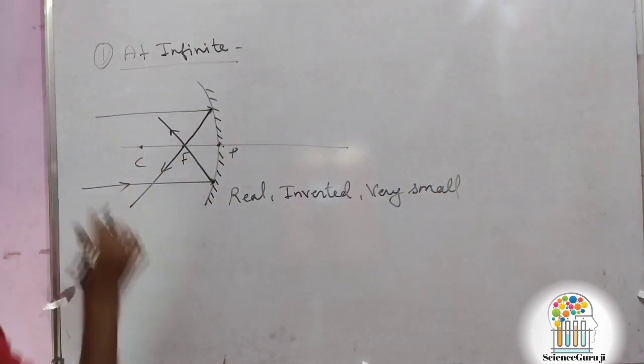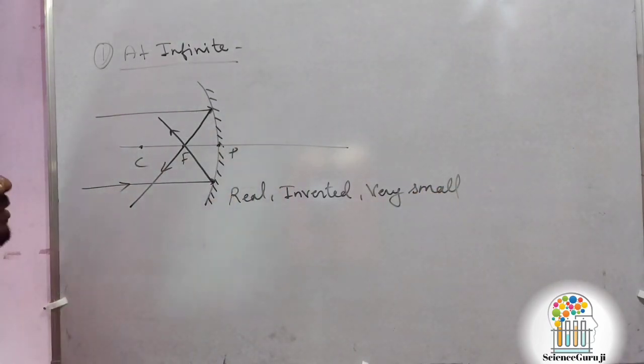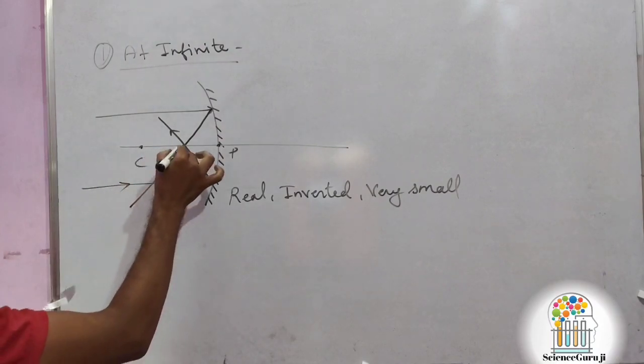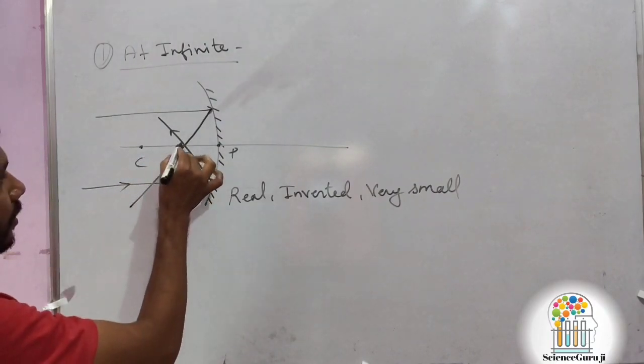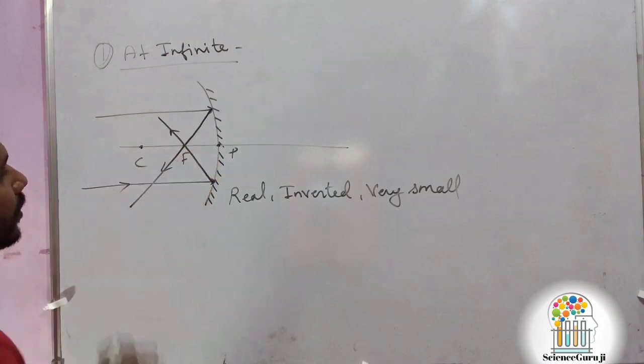Okay, because if the object is placed at infinity, then the image forming here is very small.